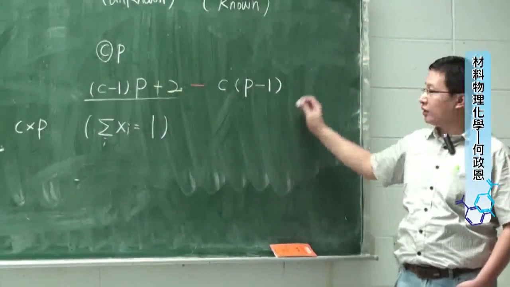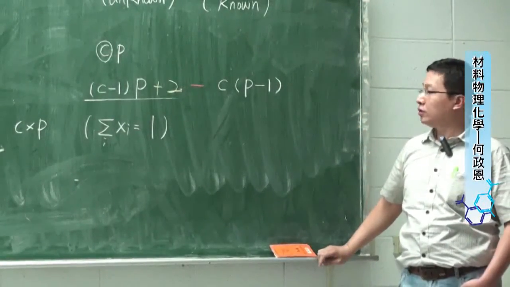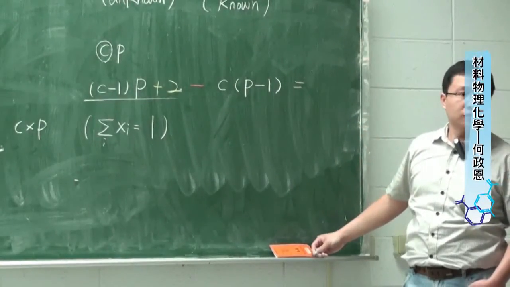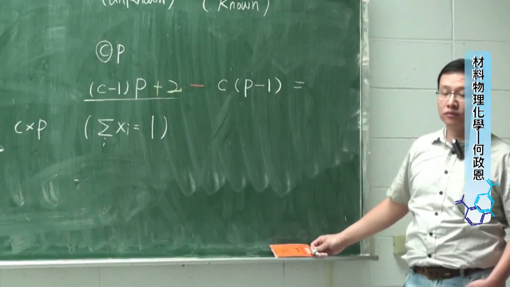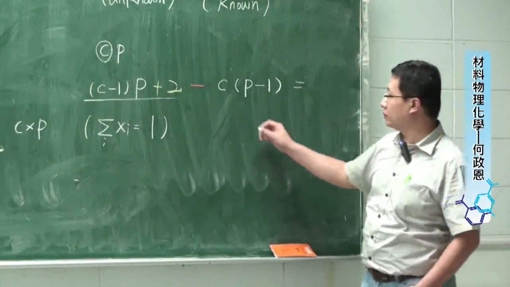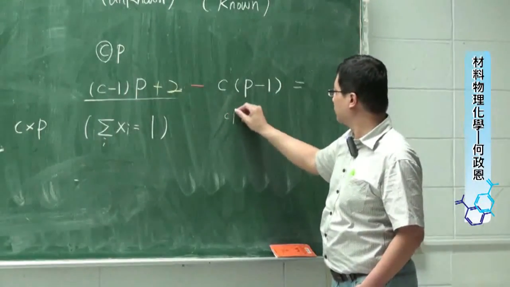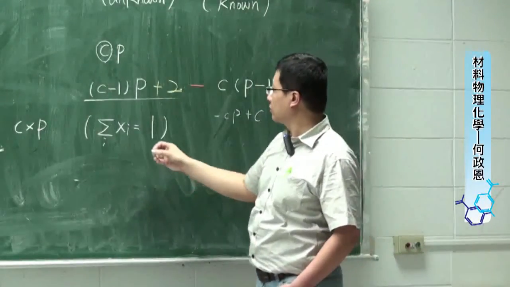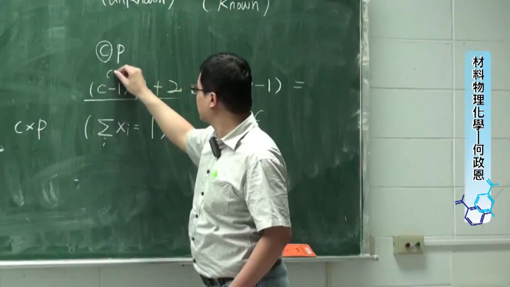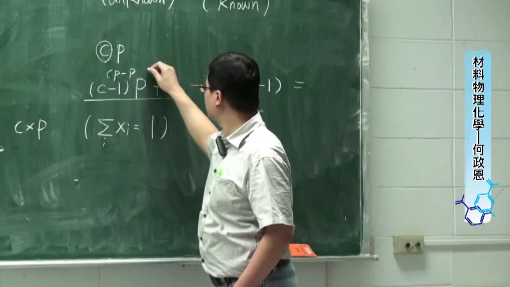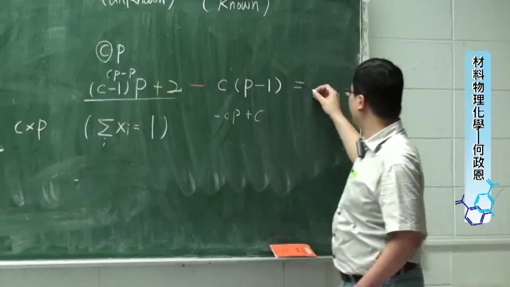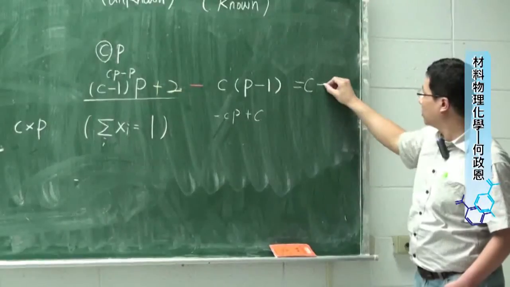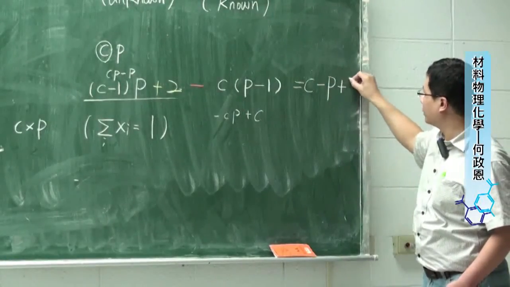So eventually the outcomes of this is... So eventually we would have the relationship of minus P plus 2.